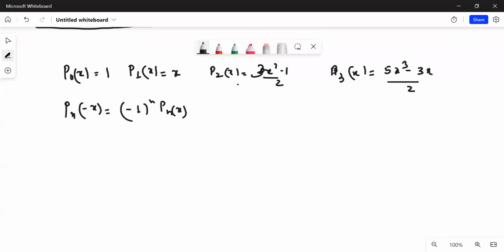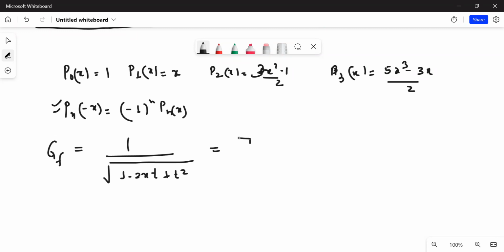So this is one thing that one needs to remember, and this is something that you can do also. For example, you know that your generating function is given by 1 over root over 1 minus 2xt plus t square, isn't it? And this is equivalent to writing summation P n x t raised to power n. Is that clear? Now replace x by minus x.